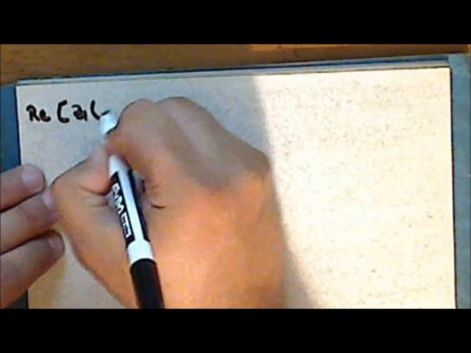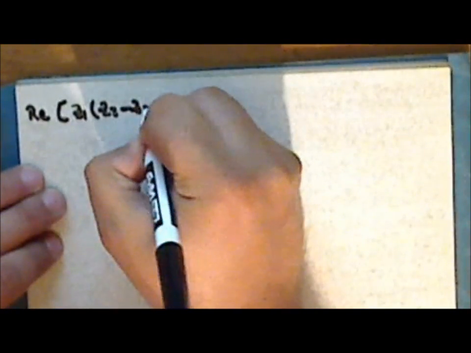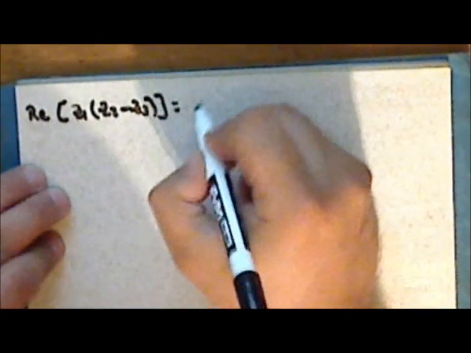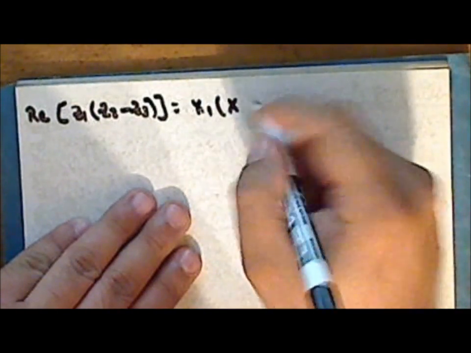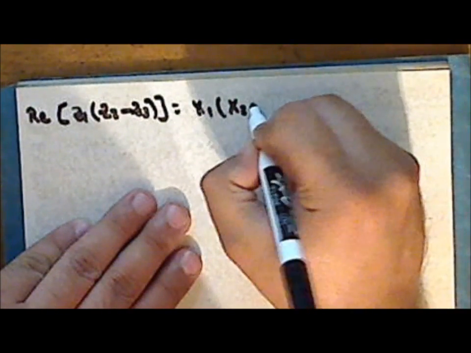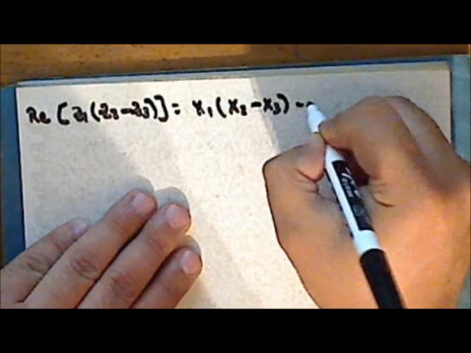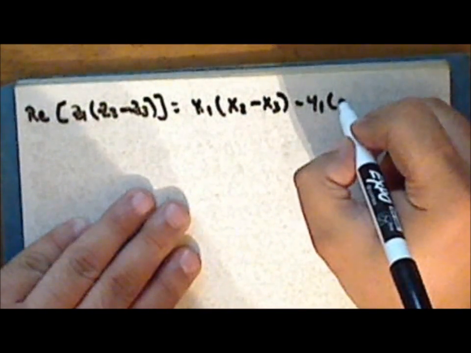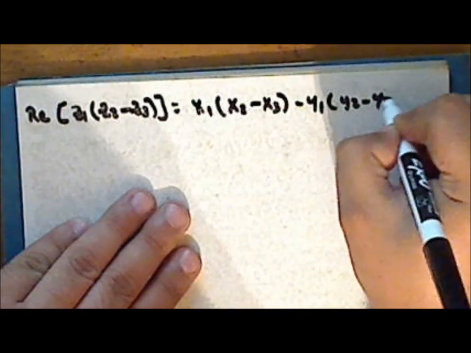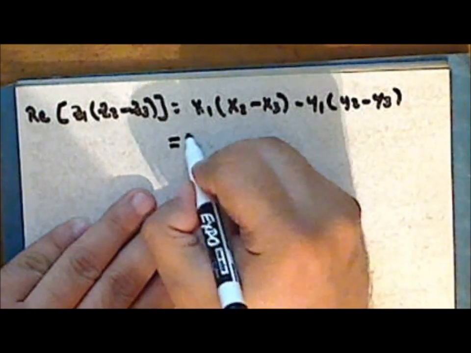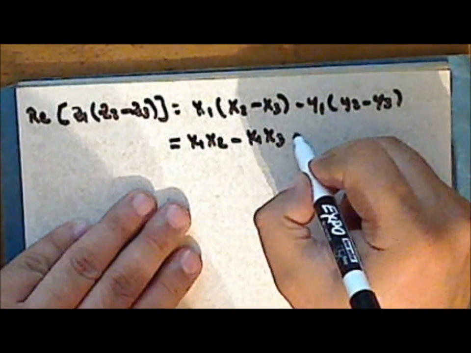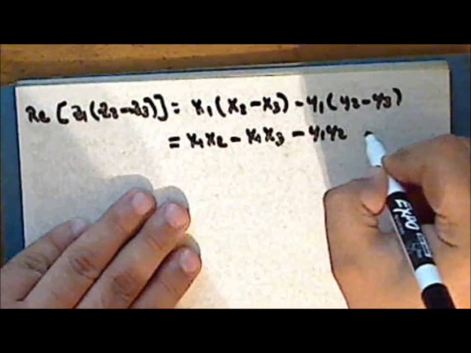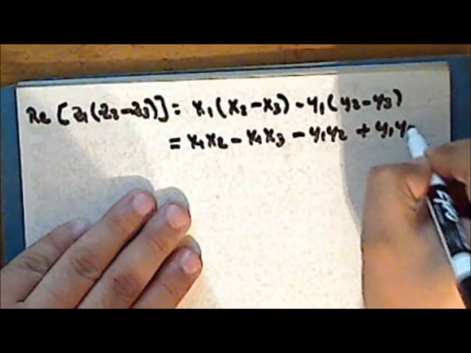So the real part of the product of z1 with the difference z2 minus z3 is x1 times the difference x2 minus x3 minus y1 times the difference y2 minus y3. And so this is x1 times x2 minus x1 times x3 minus y1 times y2 plus y1 times y3.